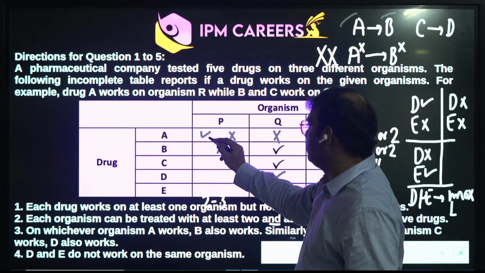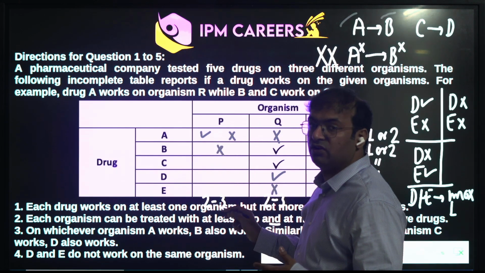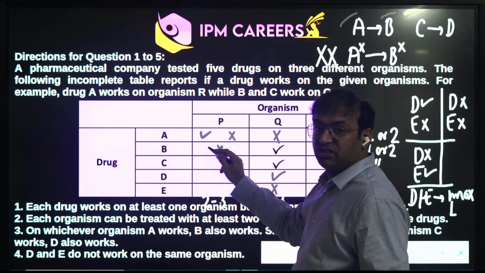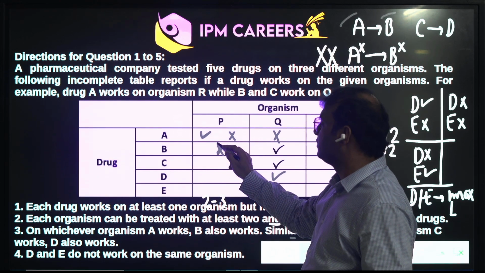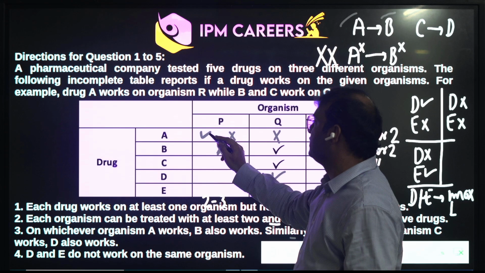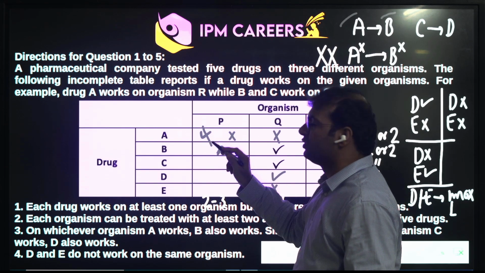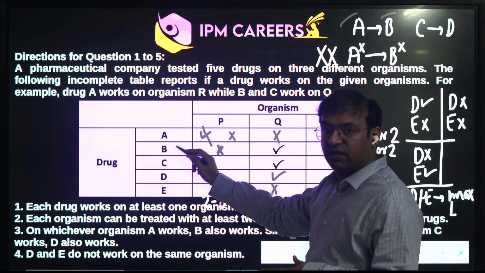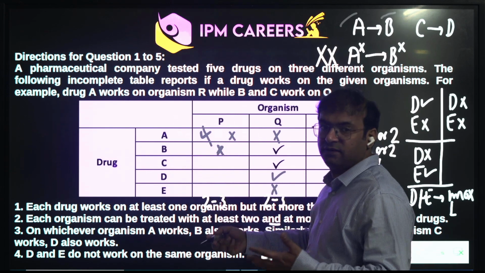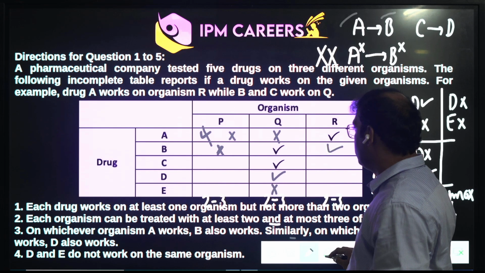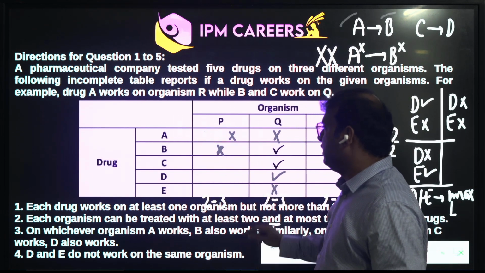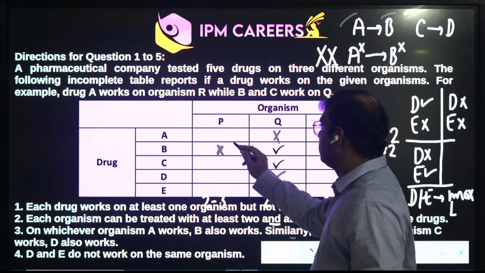But drug B is not treating organism P. So if A is treating organism P, then B should also treat organism P, but that is not happening. It simply means that drug A should also not treat organism P. So we finally got the point that drug A is not treating organism P, which is a very important point to understand, right, guys?